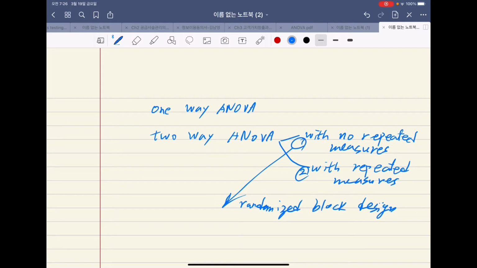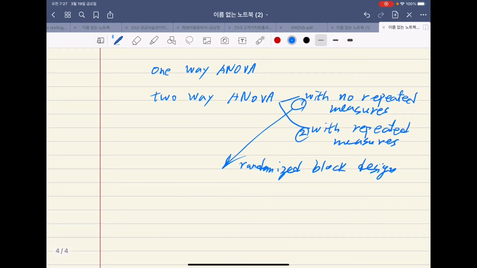All right. So what is the difference between these two? Okay. Difference between 1 and 2, right? In this case, no interaction effect.